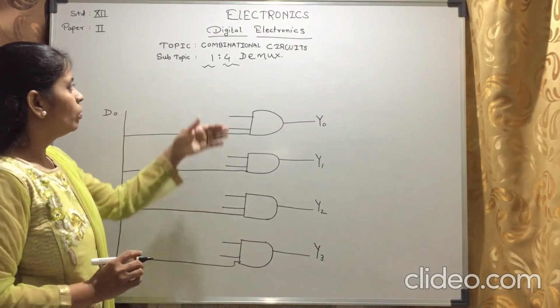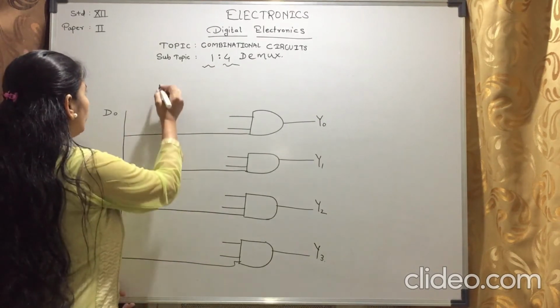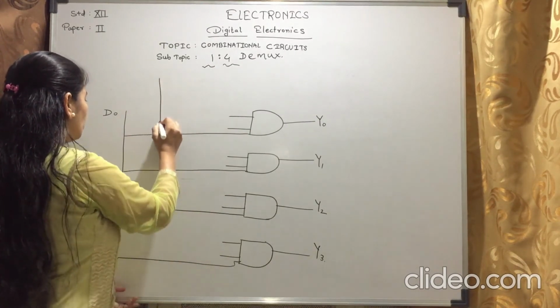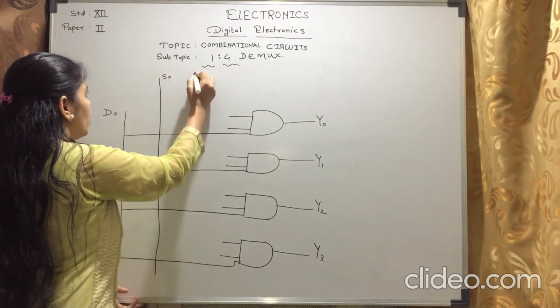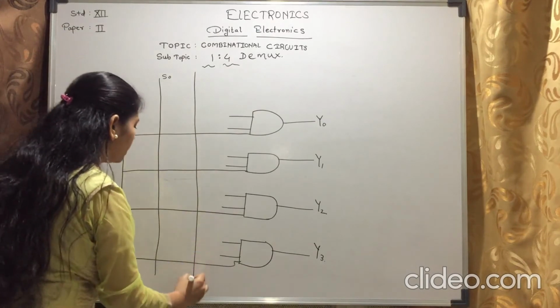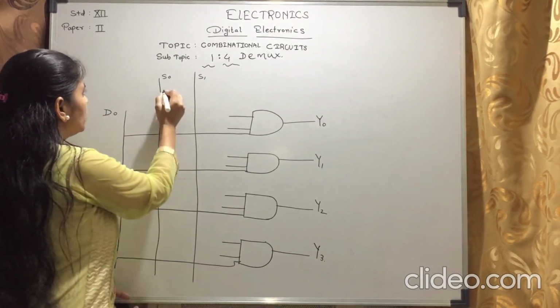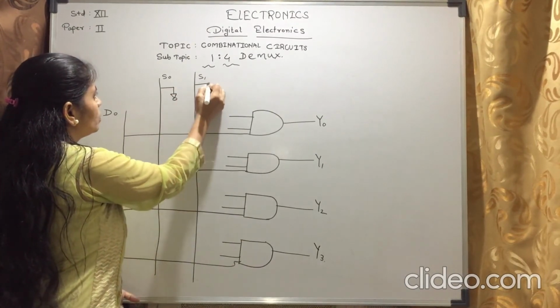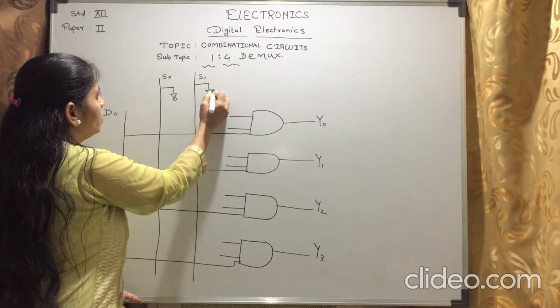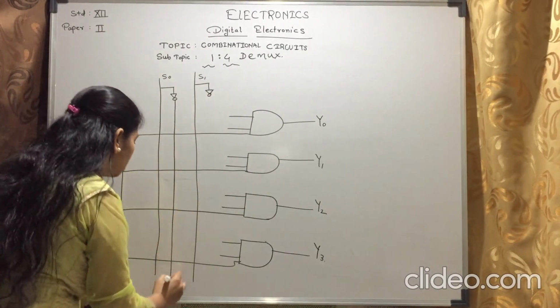Now here we have to give the connection of select lines. So we have to draw 2 select lines. This is one, that is S0, and another select line, that is S1. For each select line we have to connect a NOT gate. So here we are connecting 1 NOT gate.